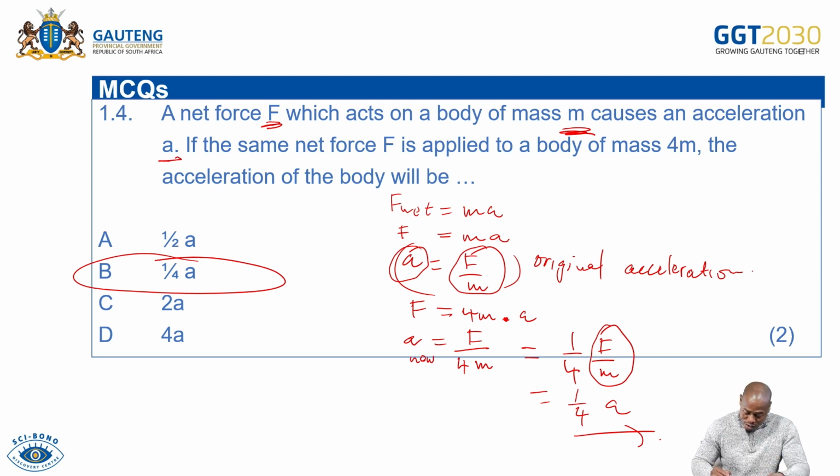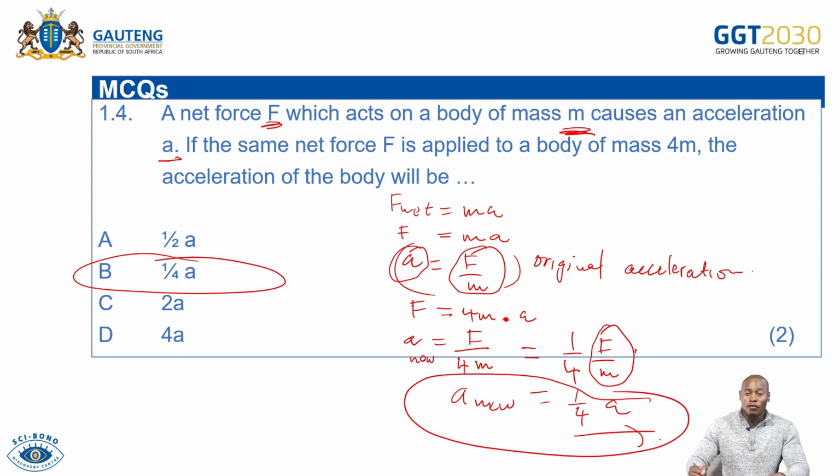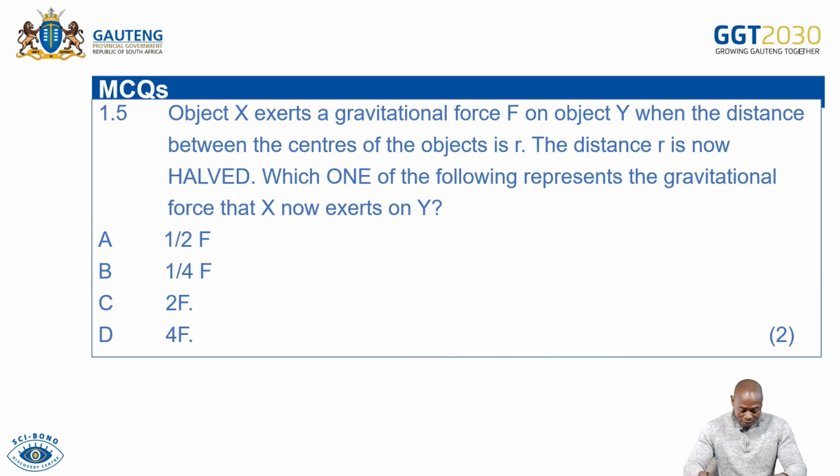So the new A will be F over 4m, which is the same as 1 over 4 times F over m. And what is F over m? This is equal to the original A. So which means that when the mass is increased to 4m, A new will be 1 over 4 A. So the correct answer there will be B. Okay? Right.